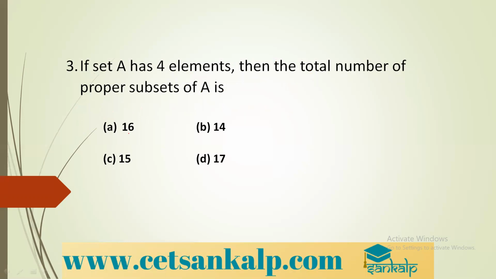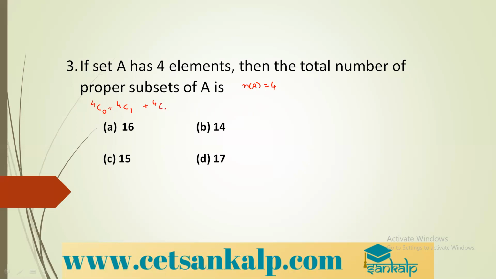The third question is also similar to the previous one. If a set A has 4 elements, so number of elements in set A is 4. Then the total number of proper subsets of A. Just now I told you, from total 4 elements, if you want, don't take anything, or take only 1 and form subset.